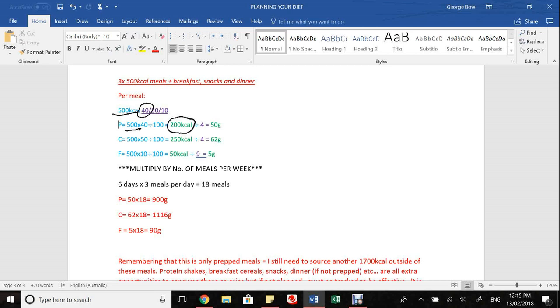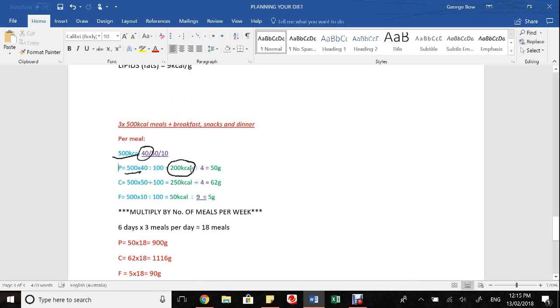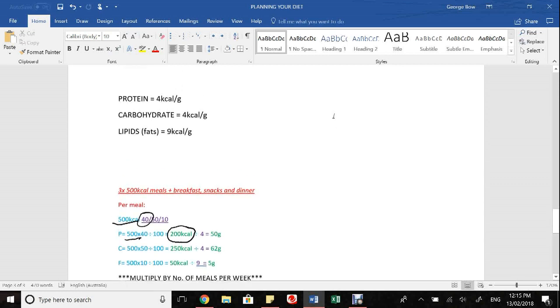So 40% protein, so I would take 500 calories and times it by 40, and then divide it by 100. And that would give me how many calories of that meal will be protein. So, as you can see here, it's 200 kilocalories of the meal is going to be protein.